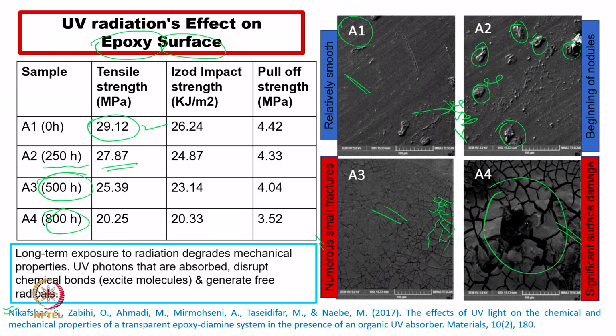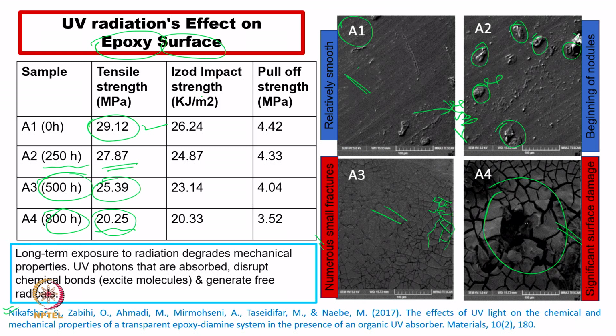After 250 hours, it has decreased, roughly 5% in this case, and after 500 hours a further decrease. Of course, in this case the surface has failed, but maybe the bulk material is still showing some material strength, that is around 2/3 of the earlier strength.